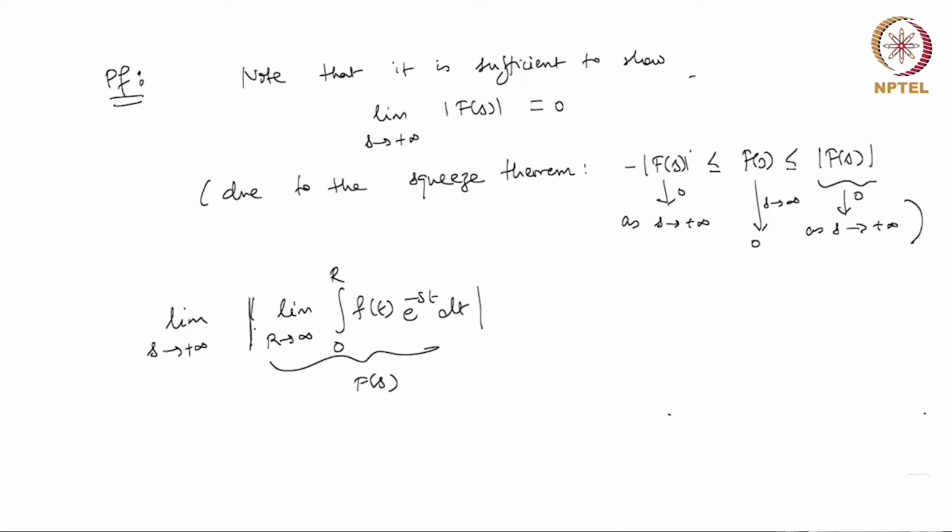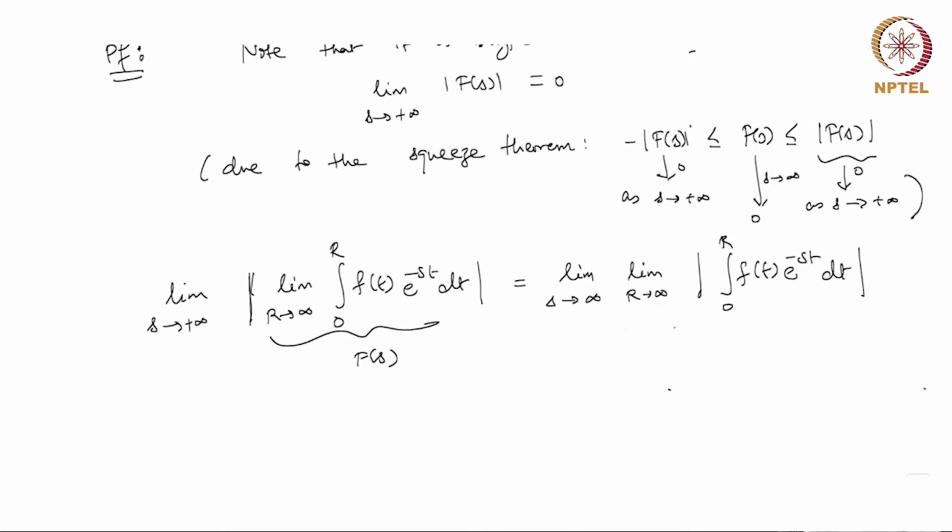Now because we have assumed that f(t) is of exponential order, this limit exists, so we can put the absolute value inside the limit as r goes to infinity. So we can write the limit as r goes to infinity of the modulus of the integral from 0 to r of f(t) e to the power minus st dt.